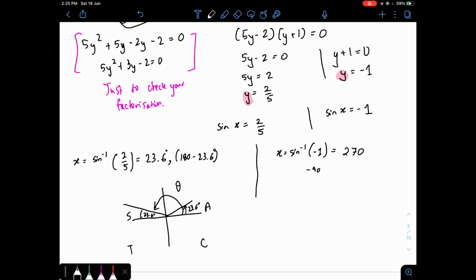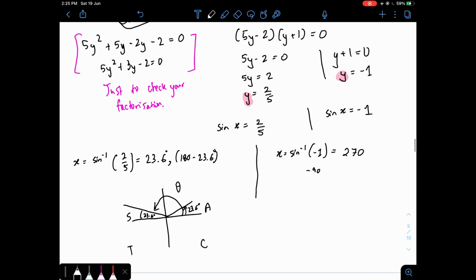So our final answers will be x equals, obviously, 23.6 degrees. Then 180 take away 23.6 is 156.4 degrees, and also our other, 270 degrees.